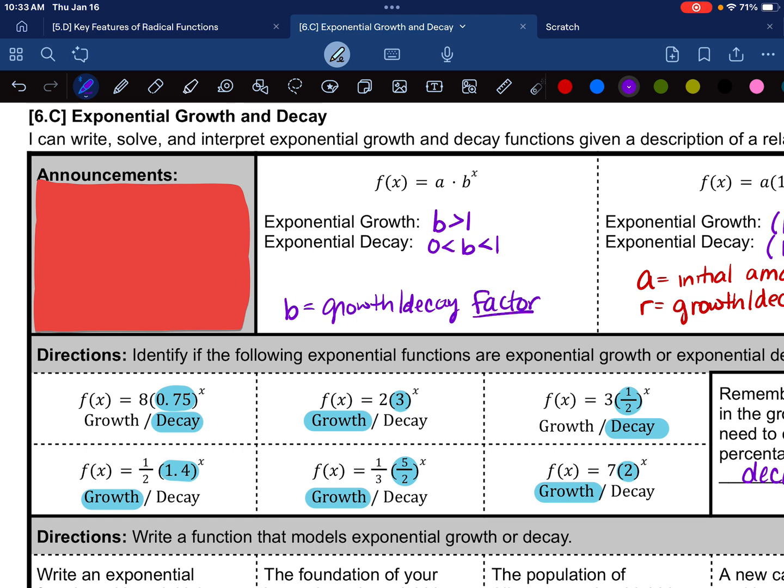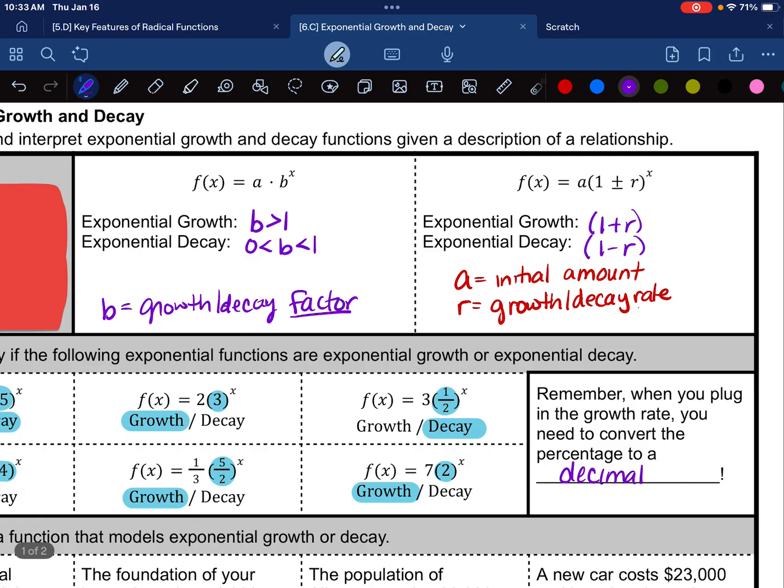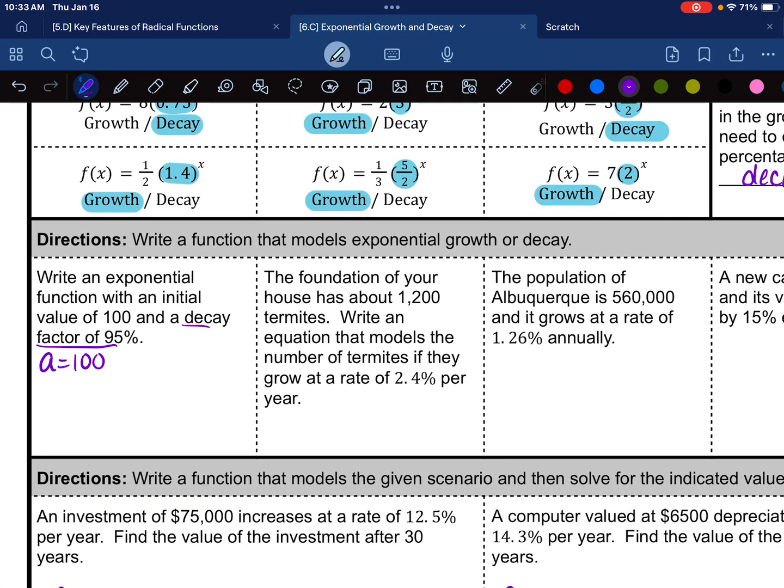If it talks about a rate, it's the one on the right. If it's a factor, it's on the left. So b here is the 95%, which written as a decimal is 0.95. So our equation would say f of x equals 100 times 0.95 to the x power.